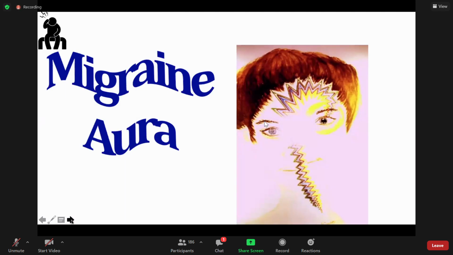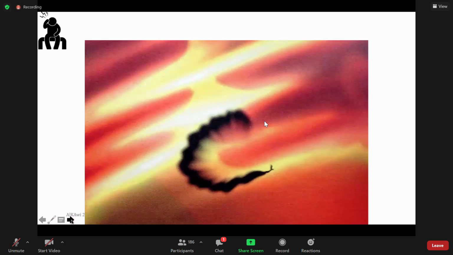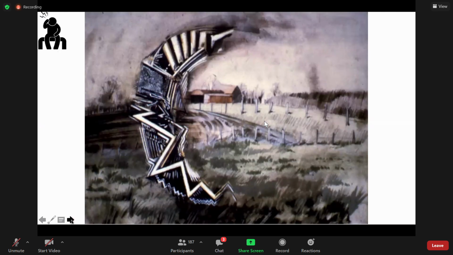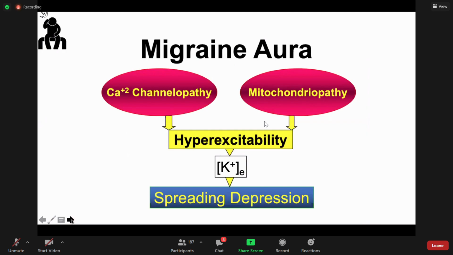Then comes, for people who have migraine with aura, the aura. And the aura may be just a small spot on the vision like we have here, or this is the distorted vision that the patient may experience for a few minutes before the headache. The migraine aura, as I mentioned, there are several pathways that may lead to migraine.